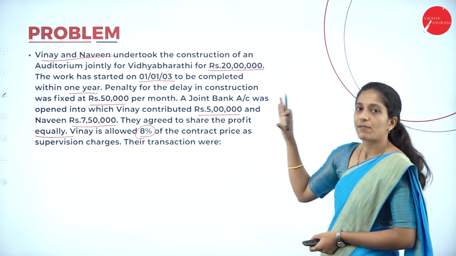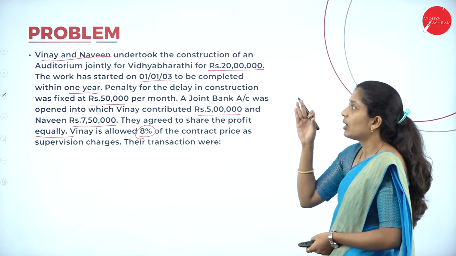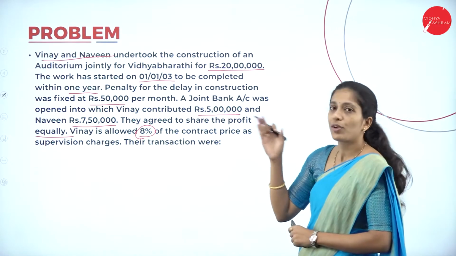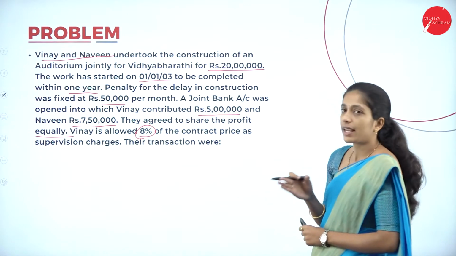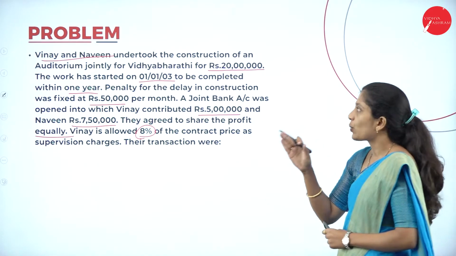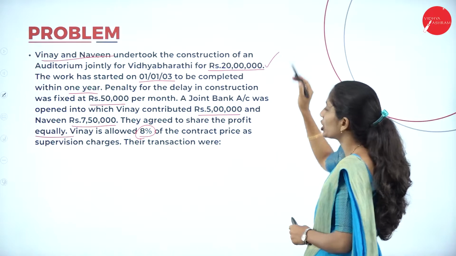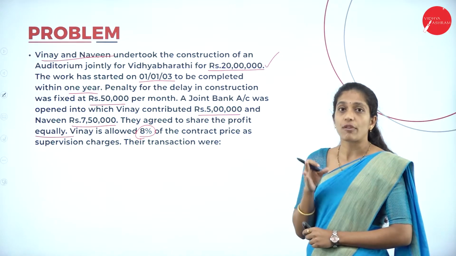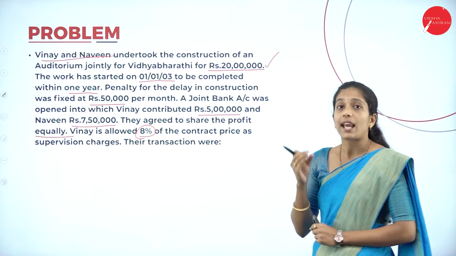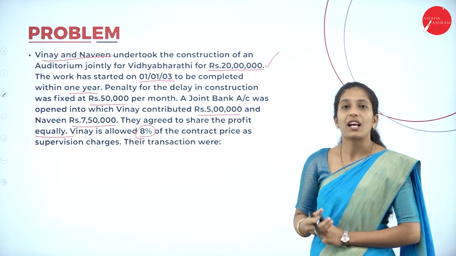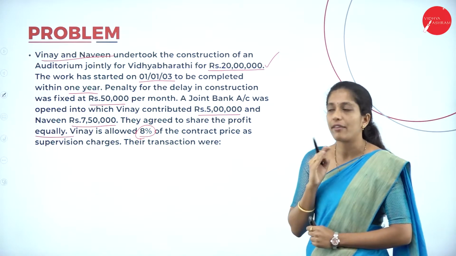Now in this paragraph, what information have they given? We know who the two parties are, Vinay and Naveen, and they have undertaken a construction work, where the contract price is rupees how much? 20 lakh. And the duration of that contract is 1 year. If they exceed 1 year, then they have to pay a penalty of 50,000 every month.